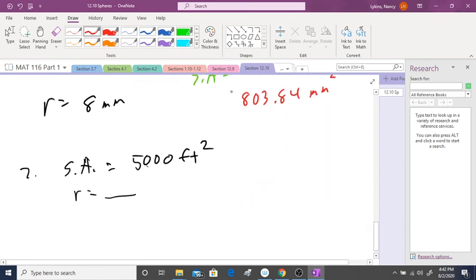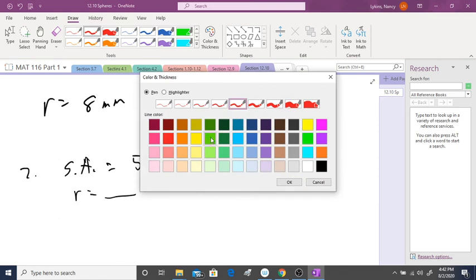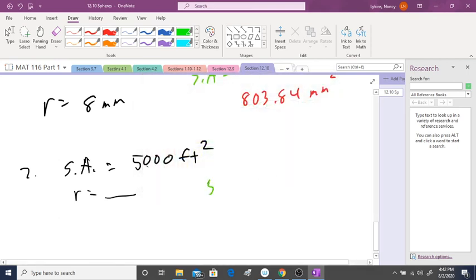And finally, I could just give us the surface area. In this case it is 5,000. And then I just set this equal to 4 times 3.14 times radius squared. 5,000 equals 4 times 3.14, which is 12.56, radius squared.